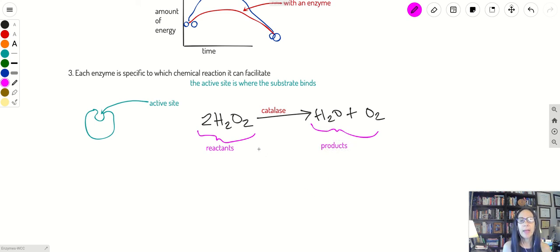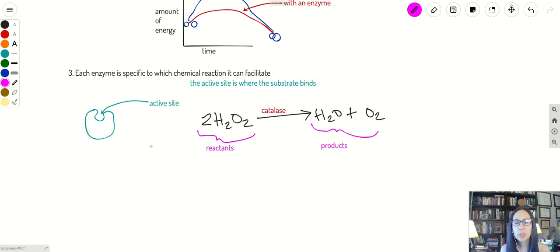And so the reactants are going to be manipulated by an enzyme. In this case, the enzyme is called catalase. And so what happens is this reactant, which is H2O2, is going to go into the active site. And this is catalase right here. And catalase is going to take it apart and make it into water and oxygen.